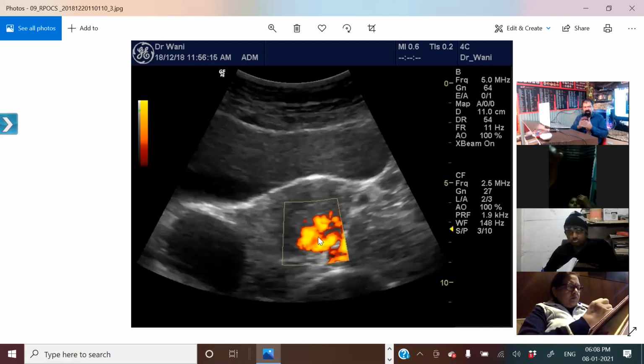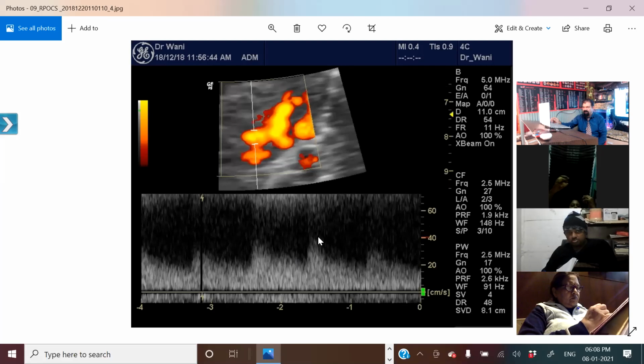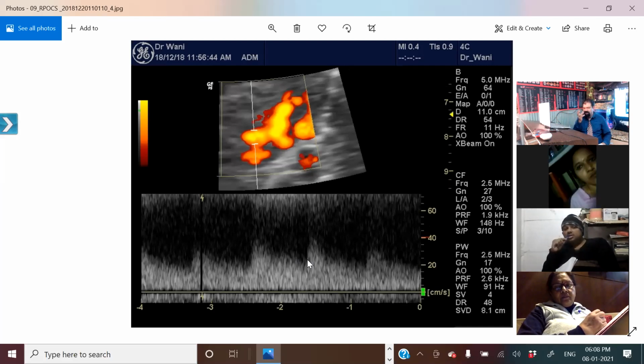Now, gynaes know the importance of differentiating, because that will decide the strategy of the treatment also. Again, the trophoblastic invasion will give me the placental flow over here, confirming that the lesion is RPOC.